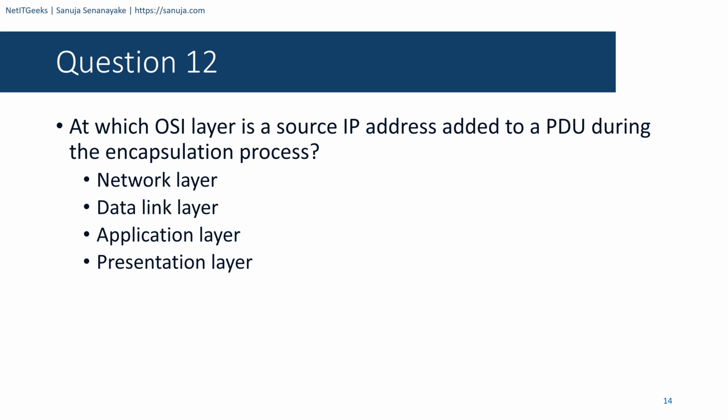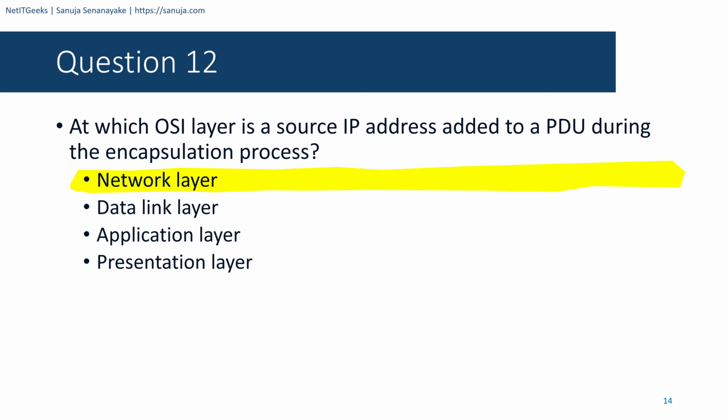The answer to this question is the network layer. And the reason I'm saying that it's okay to memorize is because if you are a student trying to learn networking, it may be a little bit harder to understand all the other concepts. So I don't mind if you actually memorize the OSI model. I covered the OSI model in my previous videos, so go ahead and check it out.